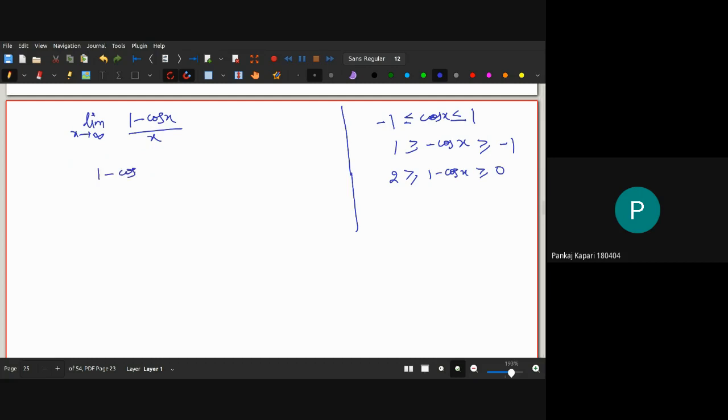If you put a modulus sign, then you get that this is less than or equal to 2 by mod x, and here you have 0.